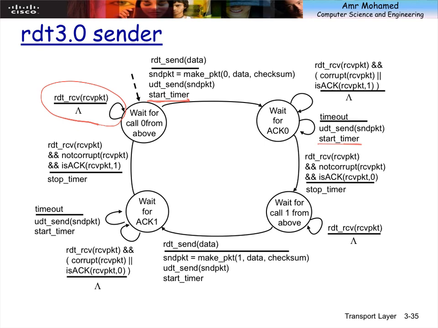We are waiting for 0 from above, but we receive a packet, an RDT receive, which is a packet coming from below.